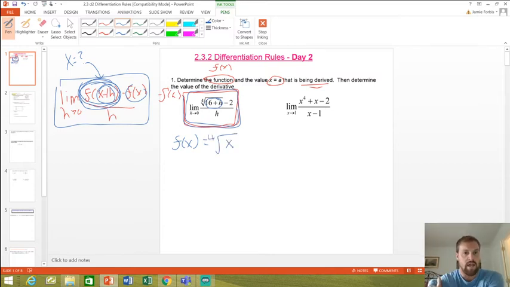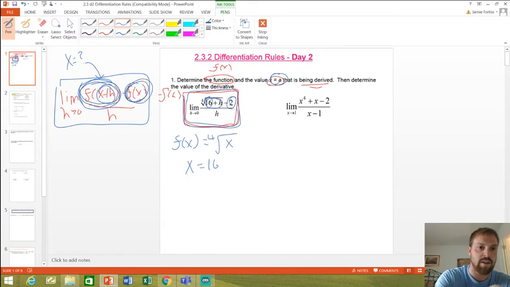Okay. Now, what is the x value that they're plugging in? Well, the a value, the value that we're evaluating here, taking the derivative at, you can see is that 16. So x equals 16. And another way that verifies that is if you look right here, the 2, you see how it's minus f of x?